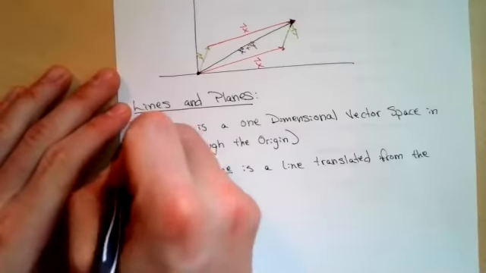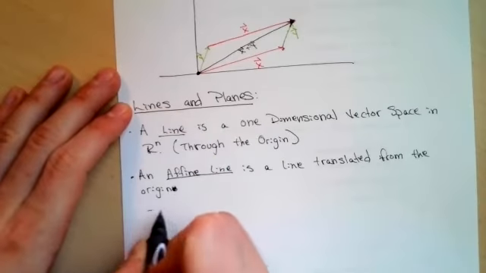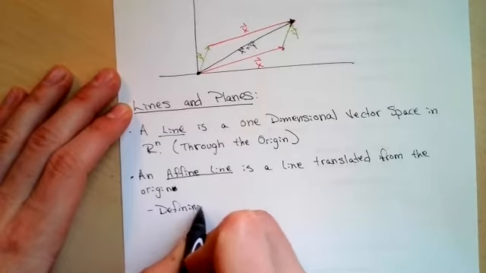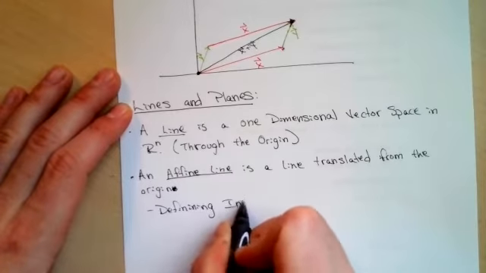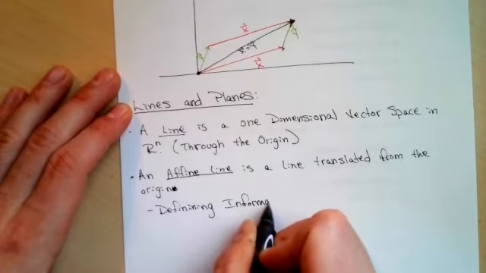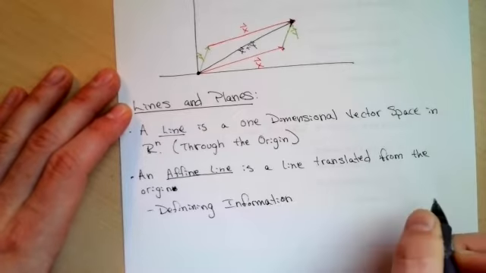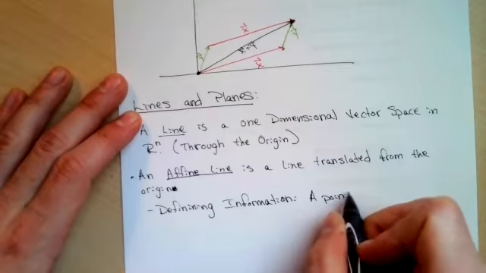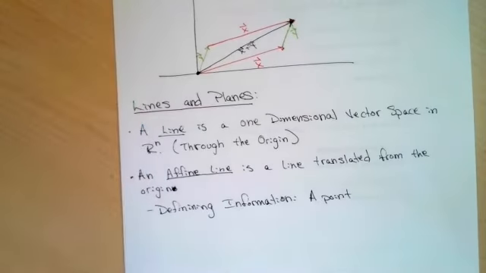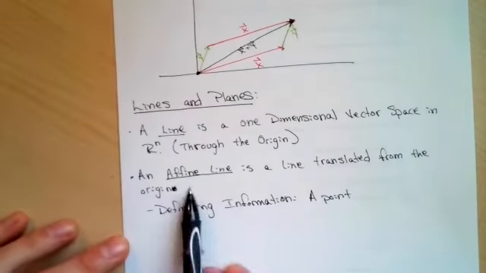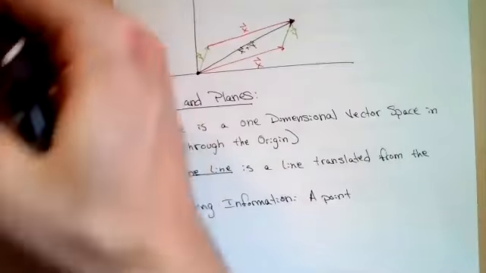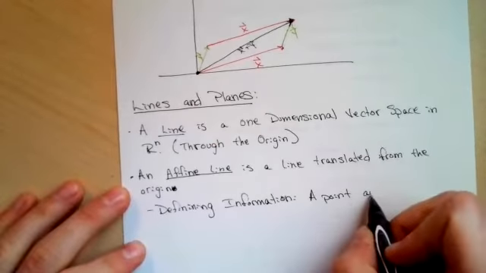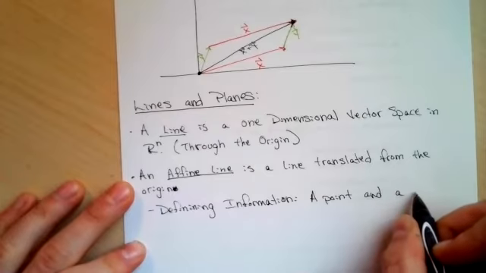So we can kind of consider lines all as affine lines. So the defining information is going to be a point. This is essentially thinking of that as the starting point, or wherever we are translating, wherever we are moving our reference frame to, and a direction.